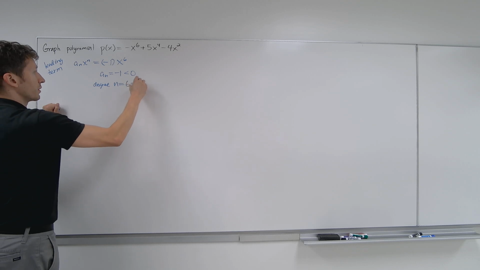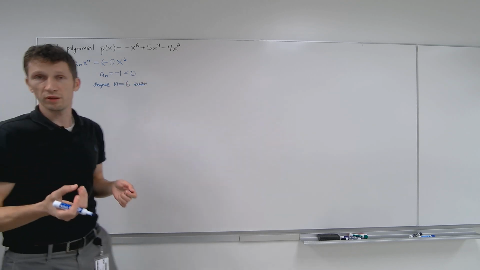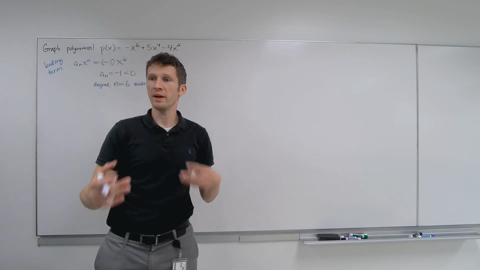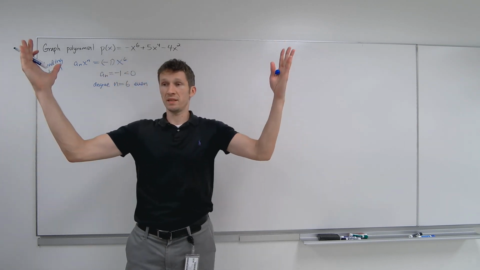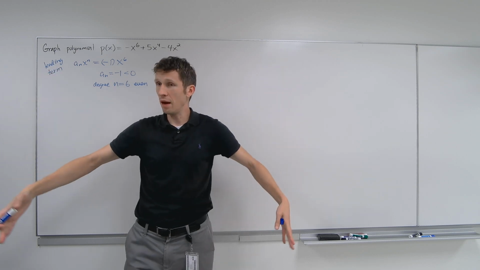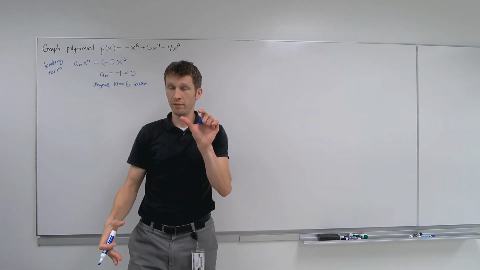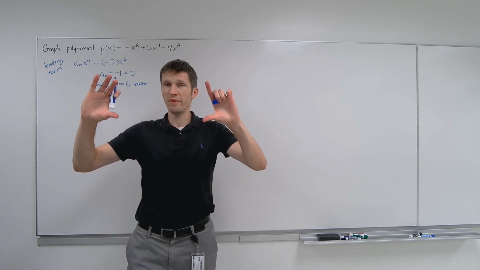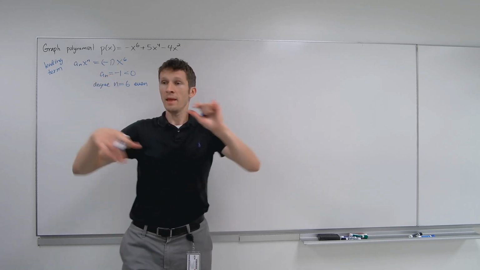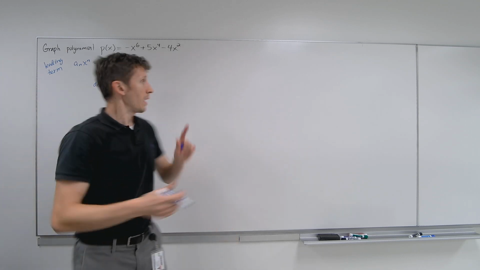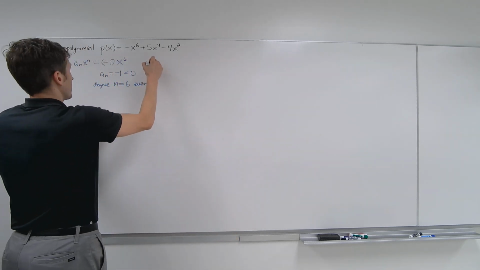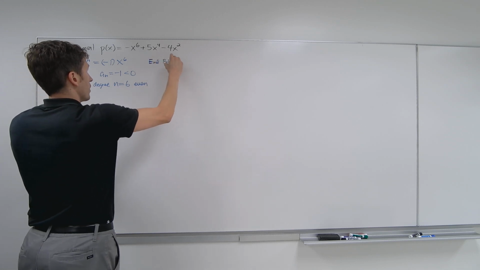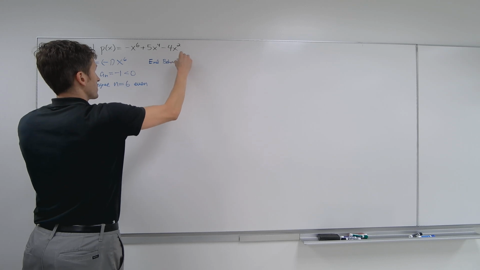It's an even degree. And what did we talk about earlier in the class? That when you have an even degree, whether it's an x squared or x to the 4th, it's going like this. Up on the ends, or maybe down if you flipped it, if you have a negative leading coefficient, which we do. Remember, the graph transforms of a negative flipping around the x-axis. So here's what happens. End behavior, which is very important for us, is half of the way to graph this thing, or sketch it at least.